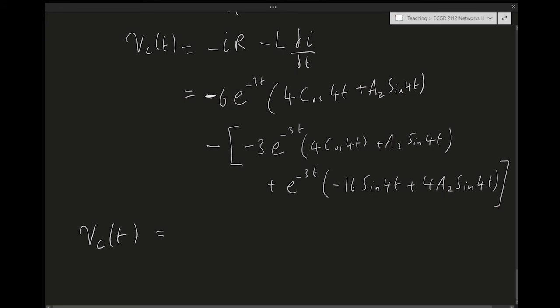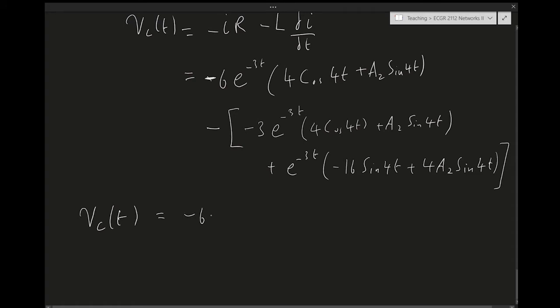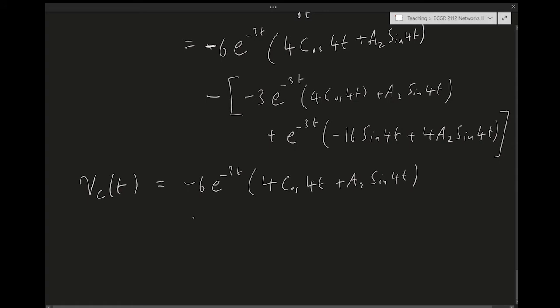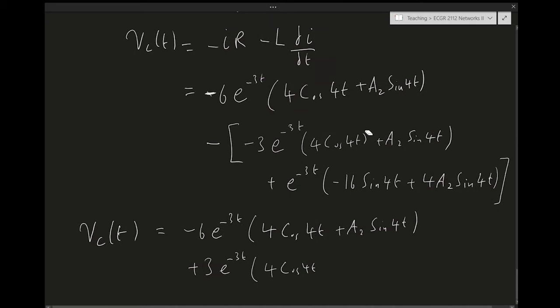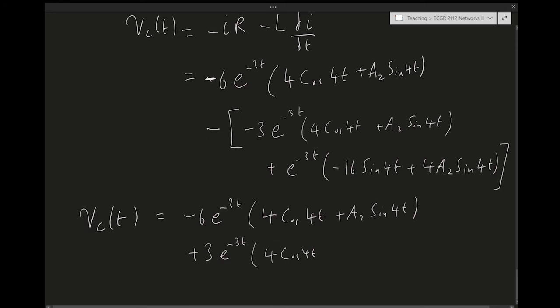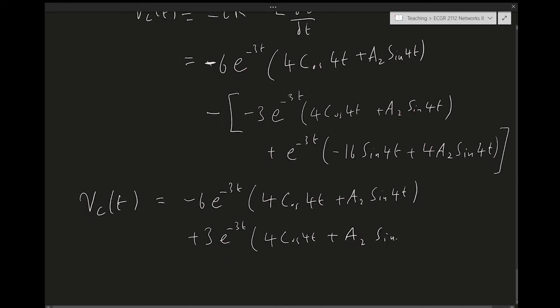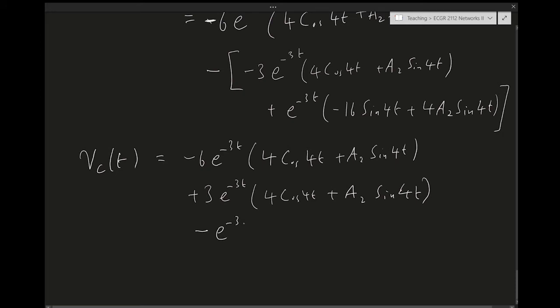So VC of t equals, let me clean it up. It's minus 6 e to the minus 3t, 4 cosine 4t plus A2 sine 4t, and then moving the minus sign in, I end up with plus 3e to the minus 3t multiplied by 4 cosine 4t, there are no parentheses here, plus A2 sine 4t, and then minus e to the minus 3t, minus 16 sine.